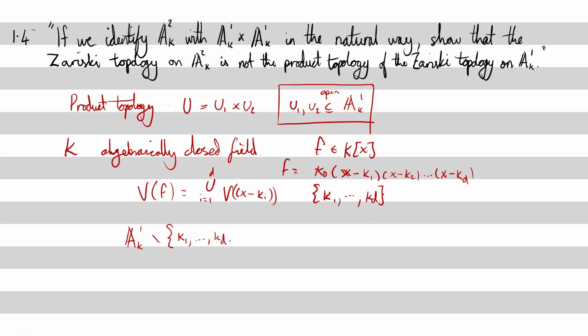So what we are looking at with the product topology is, say, this point, and this point, this point, and this point, and this point. This point has been removed, so we draw these lines here, these dotted lines, to say that our product open subset is of this form.